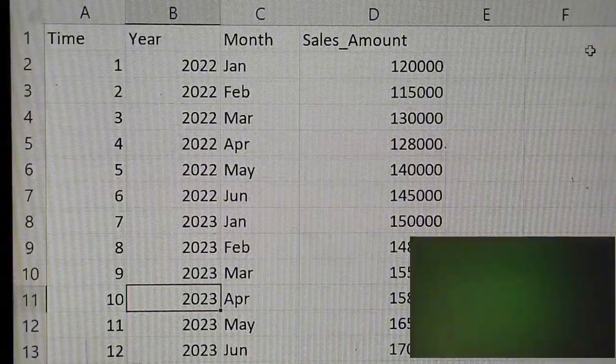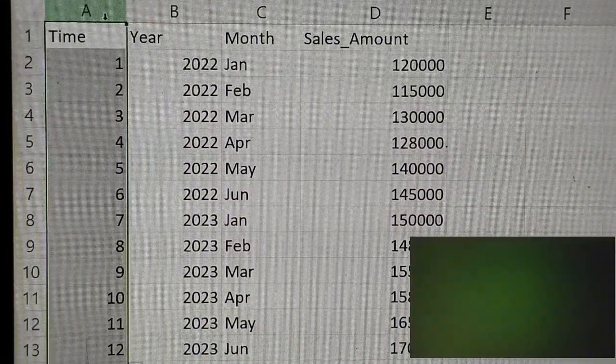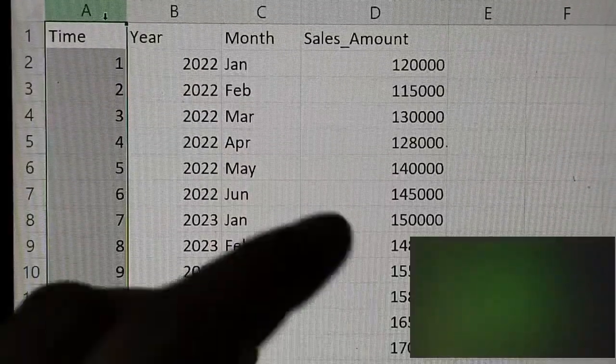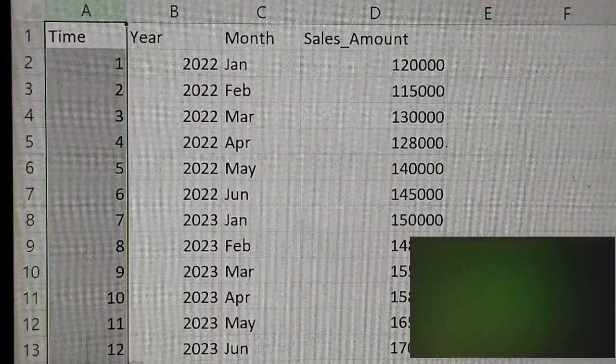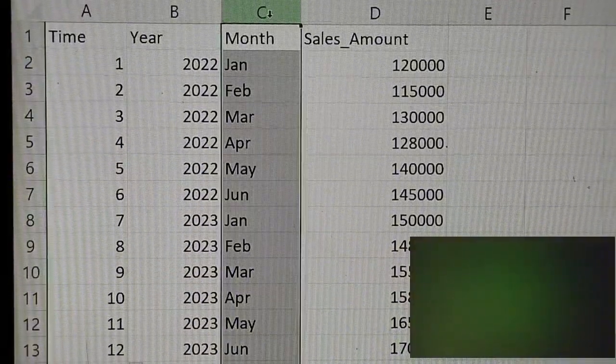As you can see, this is necessary because linear regression requires numeric values and months are text based.